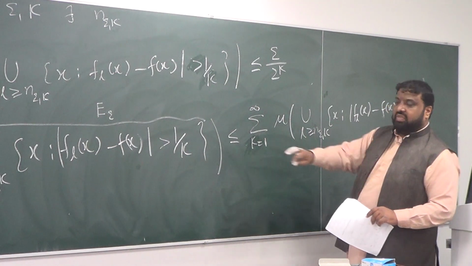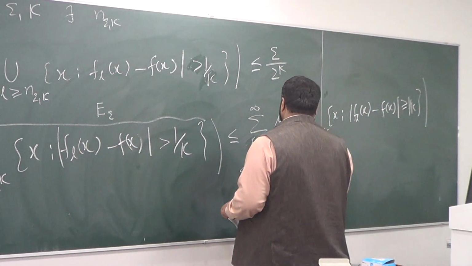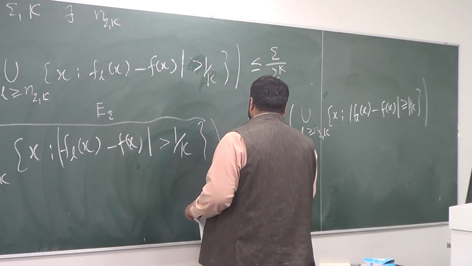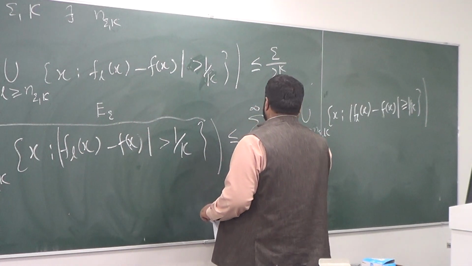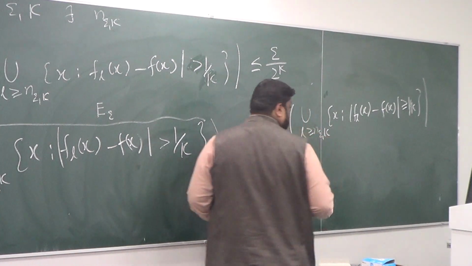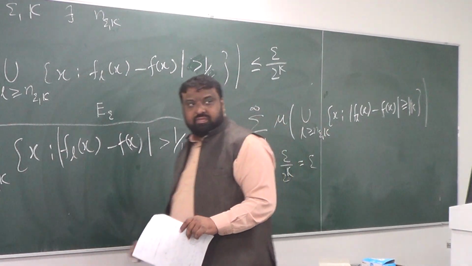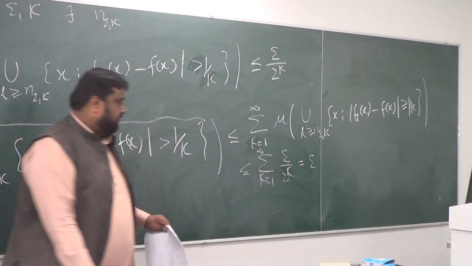Just the subadditivity property. So this is less than or equal to the sum over k equal to 1 to infinity of epsilon by 2 to the k. But this is precisely epsilon.